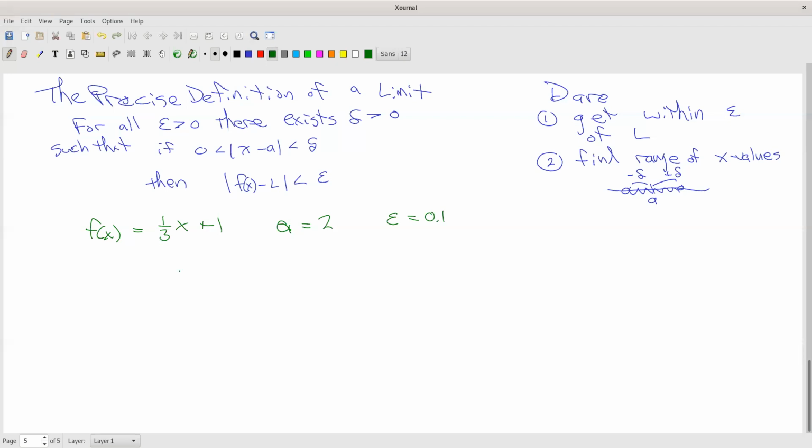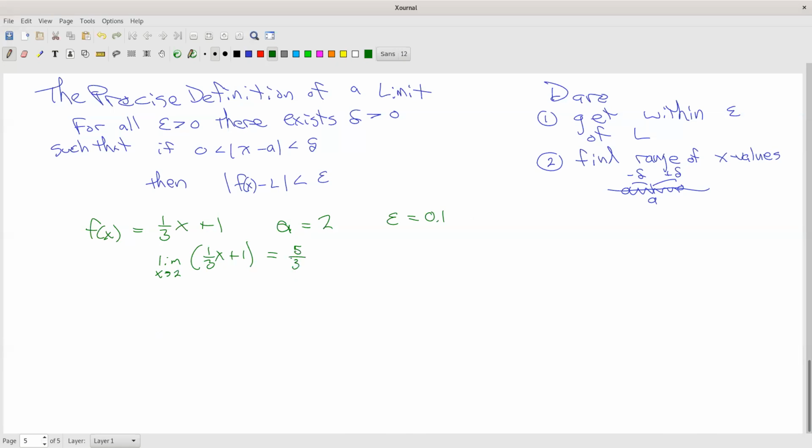Let's find the limit. So my claim here is that the limit as x approaches 2 of this function 1/3 x plus 1 is equal to, now this is a polynomial, which means I can cheat here. 2 times a third is 2/3, plus 1 would be 5/3. I claim that the limit is 5/3.